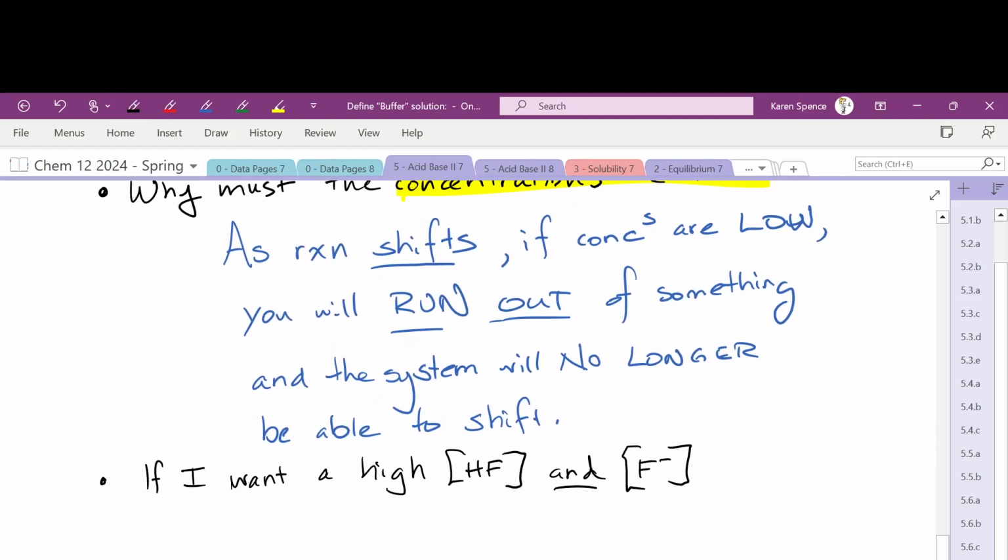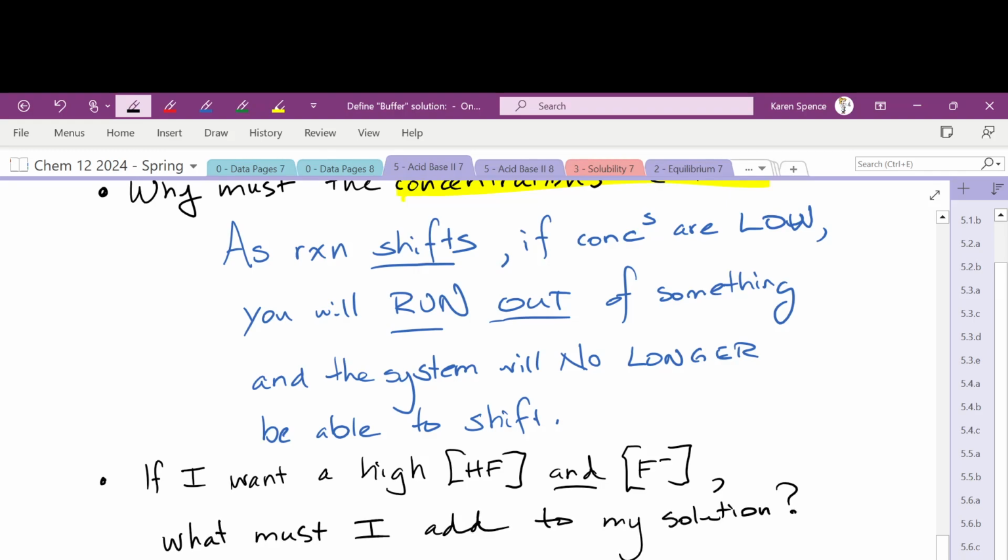If I want a high concentration of HF and F minus, what must I add to my solution? What must I put in my solution?